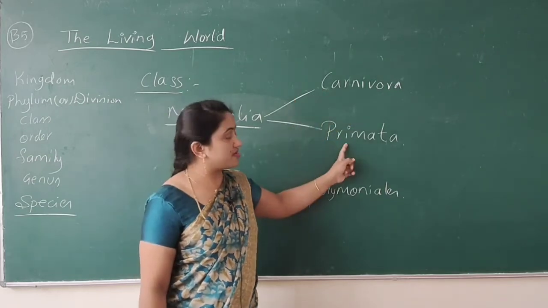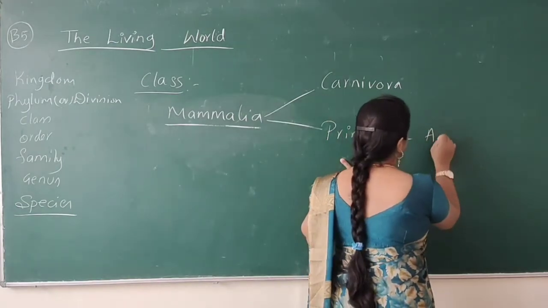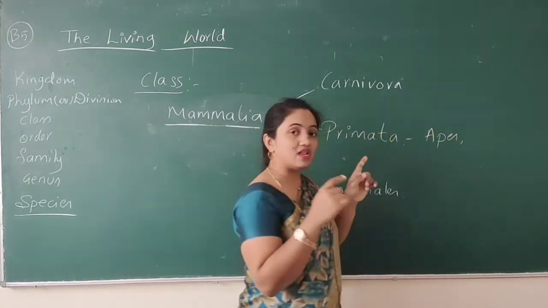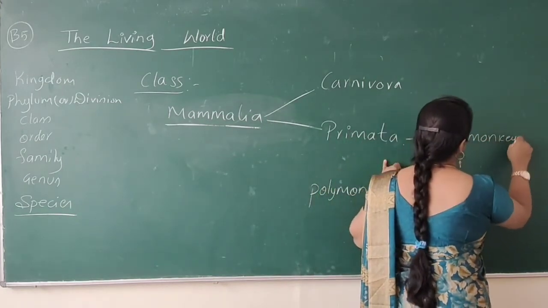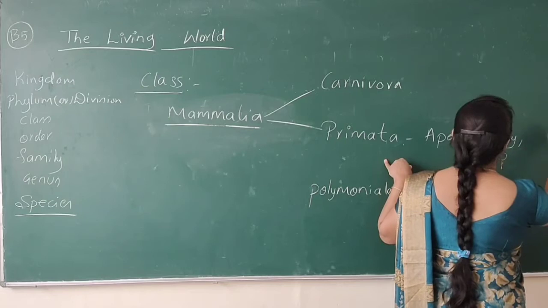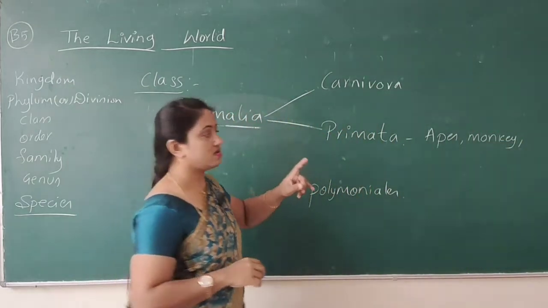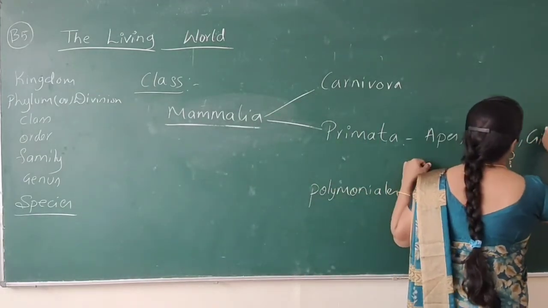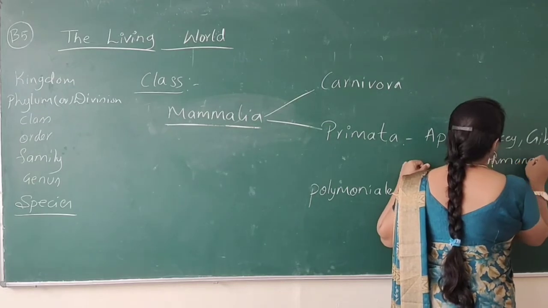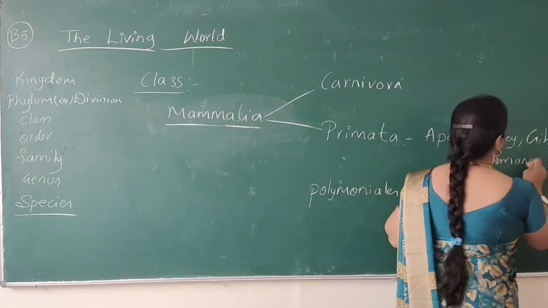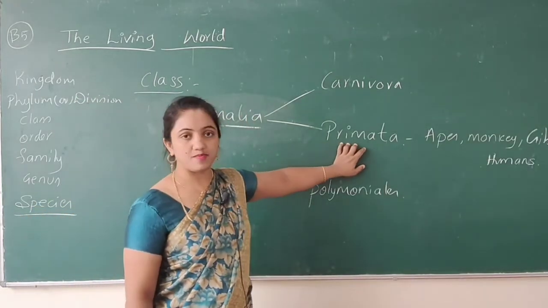And the Primata order includes species like apes, monkeys, humans, gibbon, gorilla. All these species come under the order Primata.